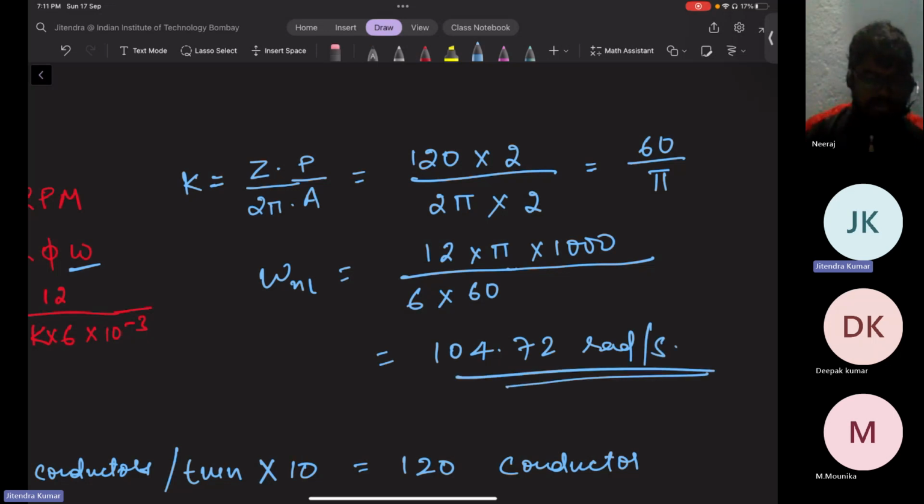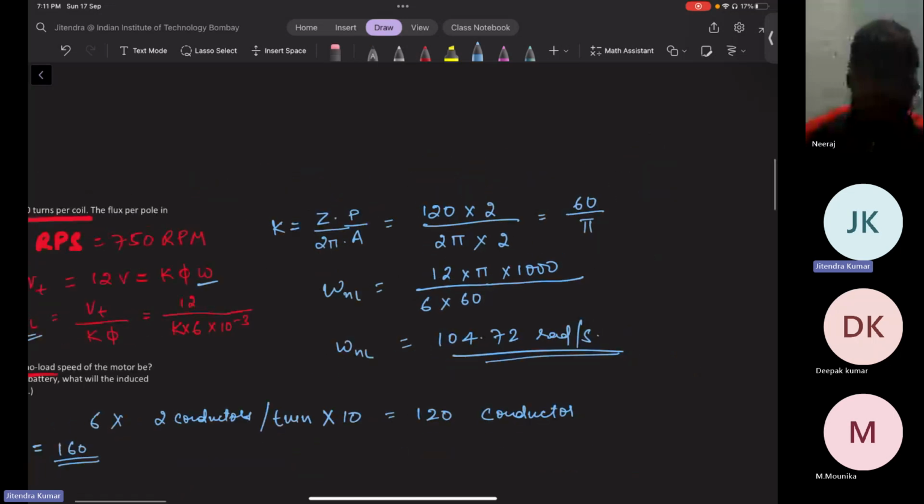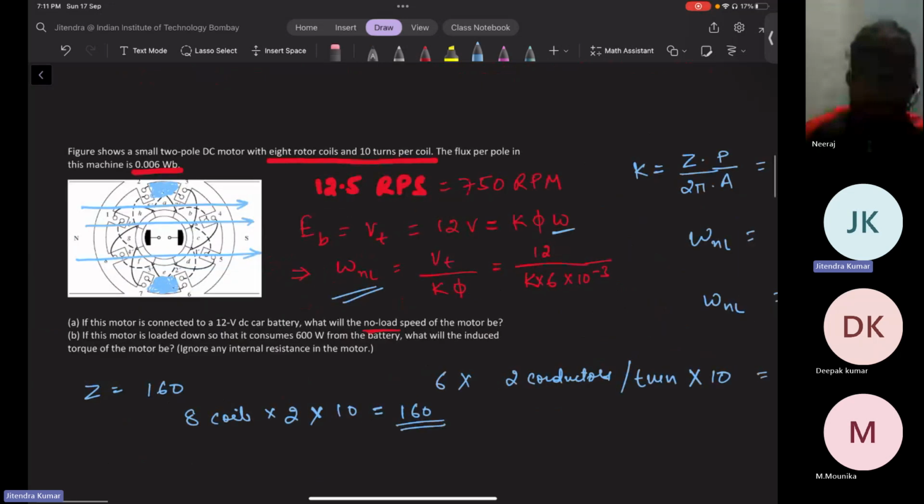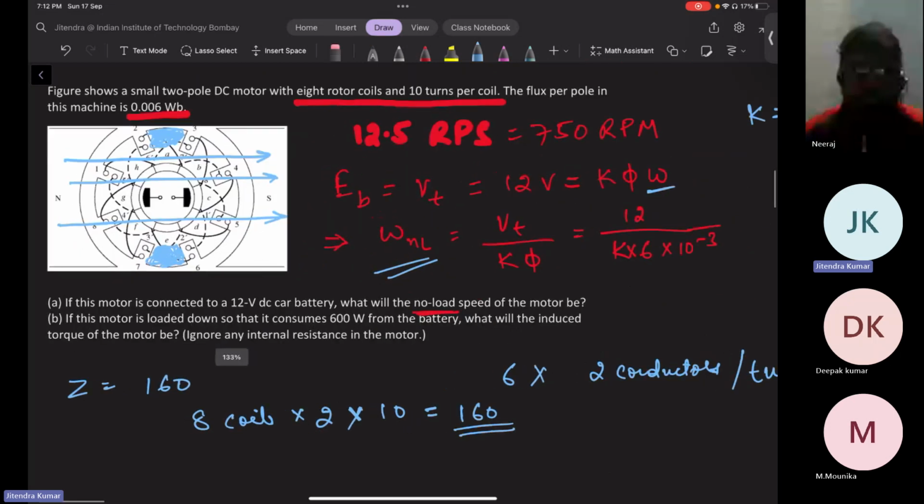Is this value correct, Neeraj? Yes, sir. Great. So I hope we are able to solve the first part. Any doubt, anyone, in the first part? If not, then we will move to the second part.